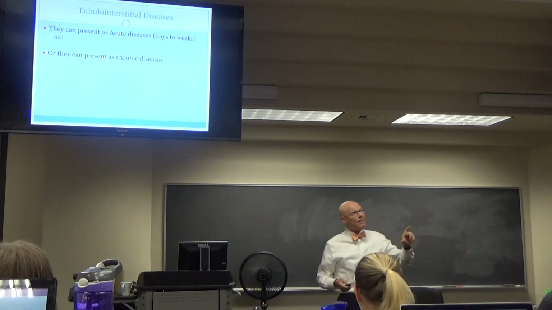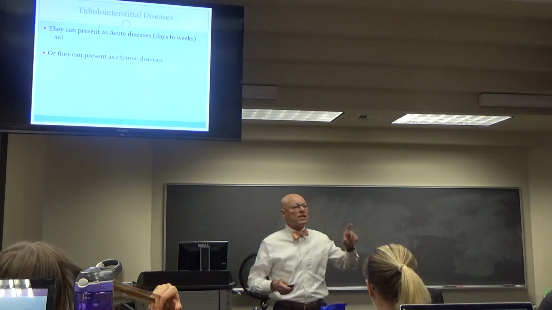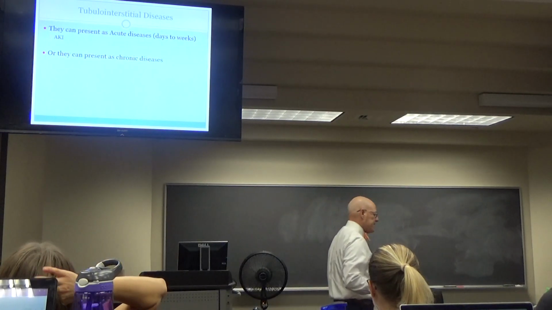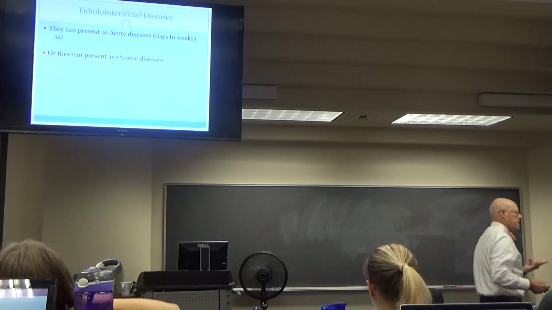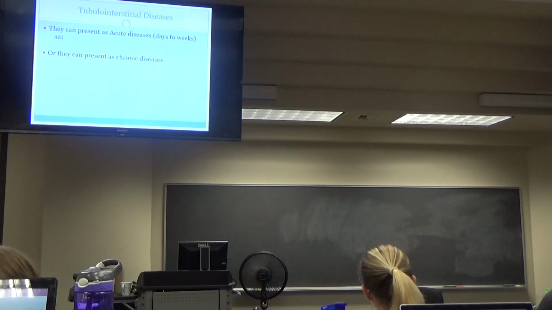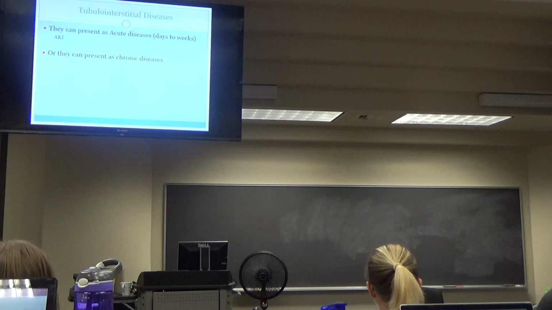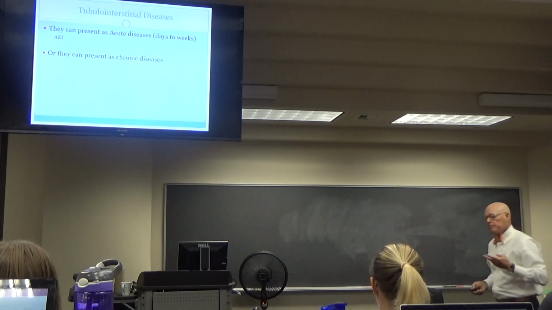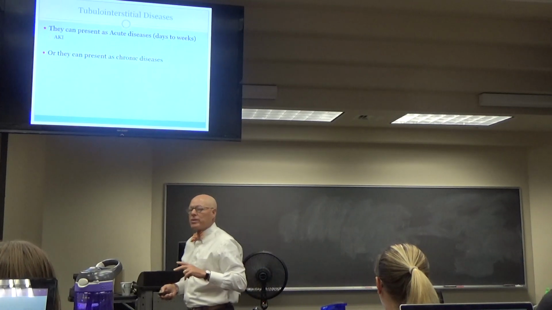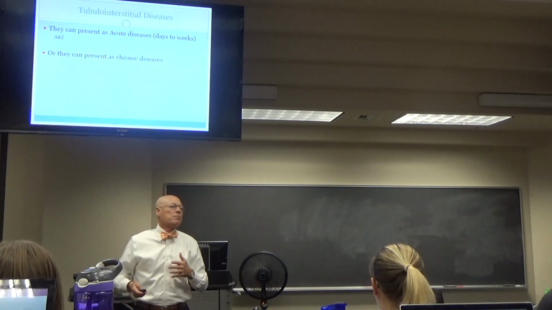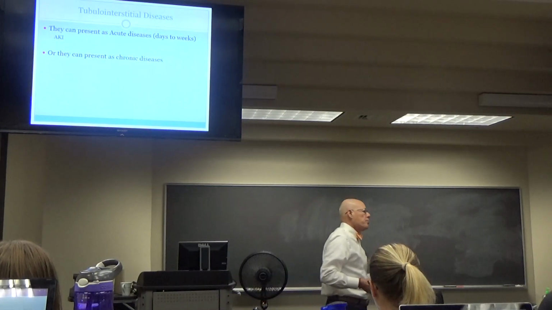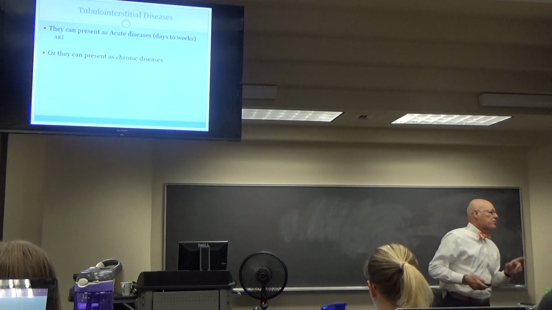Now, sometimes these can present as acute diseases. An acute disease would present as someone comes into the office because they have been feeling really, really bad for 2 or 3 days, or they saw some blood in their urine. Acute illness would be defined by us most of the time as days or weeks. Most tubulointerstitial diseases present as chronic illnesses.